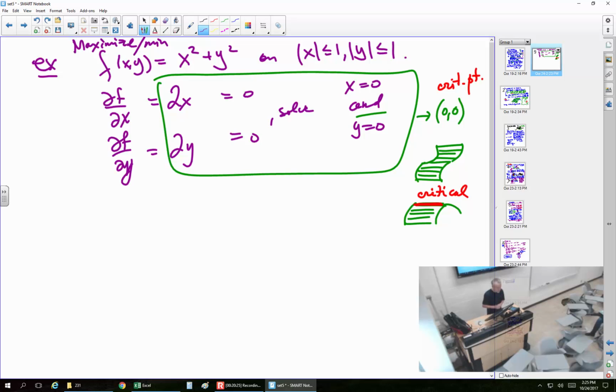We're not maximizing or minimizing the whole thing, which happens to be this paraboloid of revolution. It's easy to draw a picture of a paraboloid of revolution like this. It's a cup or something like that. But once I impose this restriction, you can try to think about what the graph looks like.